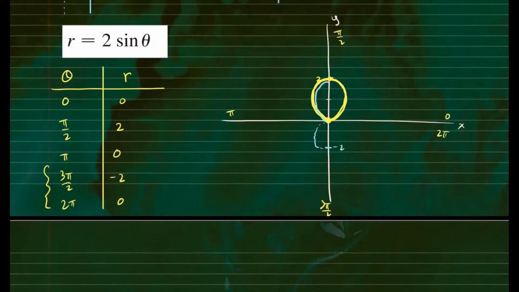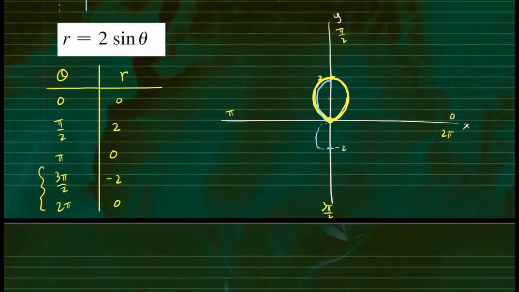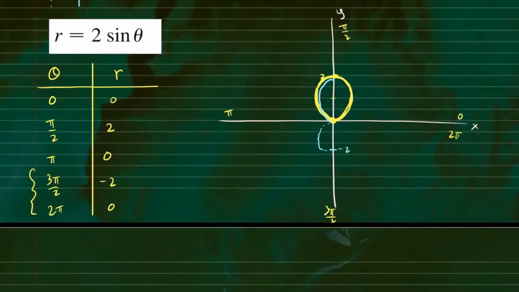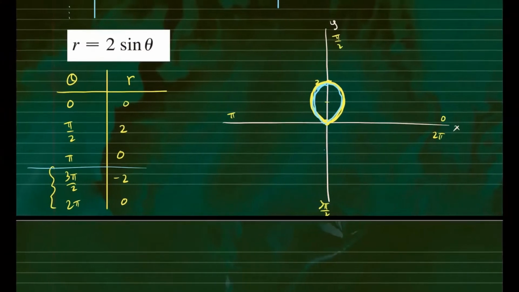So you're going to loop around here again. And then for 2 pi, we're back to 0. So you're just looping around in that circle. So once we got to 0 to pi, we pretty much have the picture. So this is the picture for r equals 2 sine theta. Another circle, but now the orientation is different from the one we saw previously.